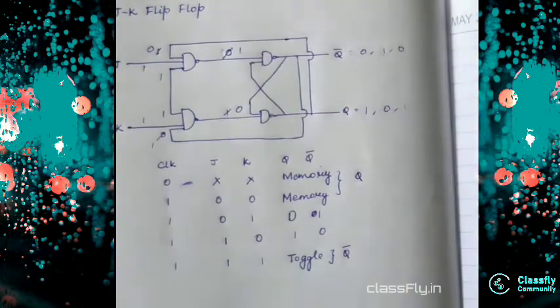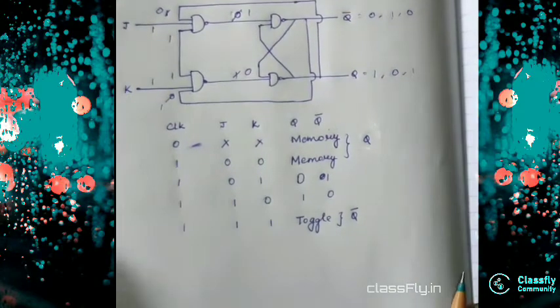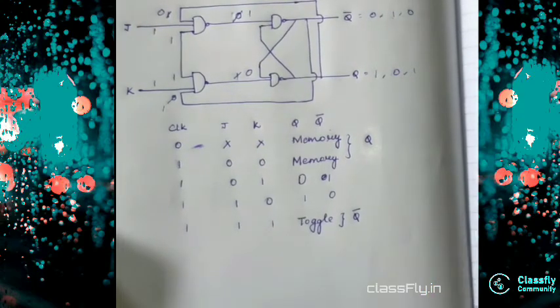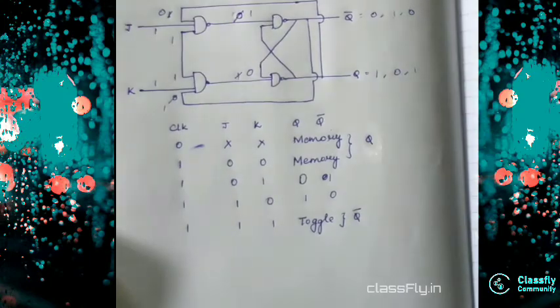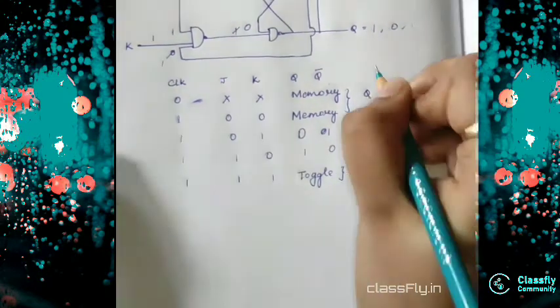So like this it will continue changing. This operation is known as toggling. And we will represent this as Q bar, and this will be our Q, because this is our memory. So this is the truth table of the JK flip-flop.